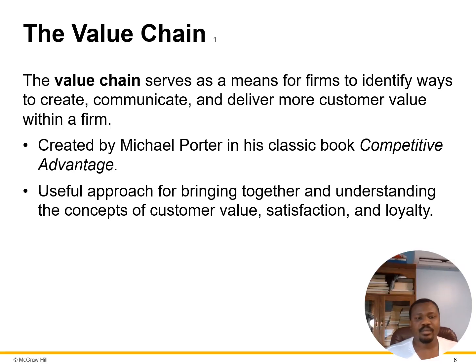And that is very important. So the value chain is created, we communicate it, and we deliver to the customer.